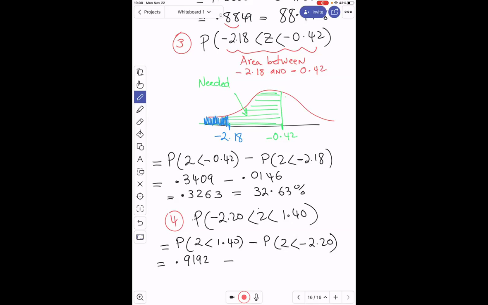Minus negative 2.20: nearest tenth is negative 2.2, nearest hundredth is 0.00, so the answer is 0.0139. And then the answer would be 0.9053. So that's 90.53%.